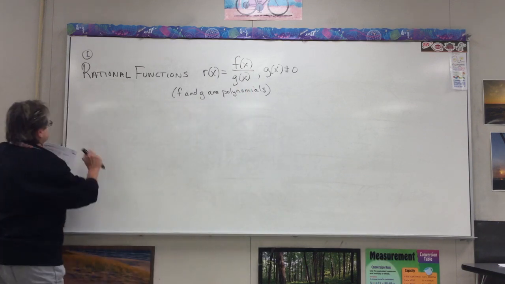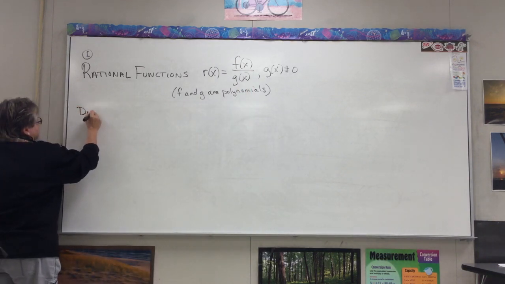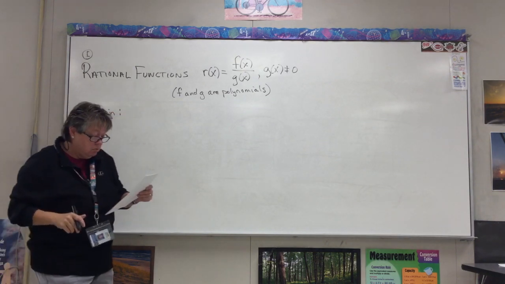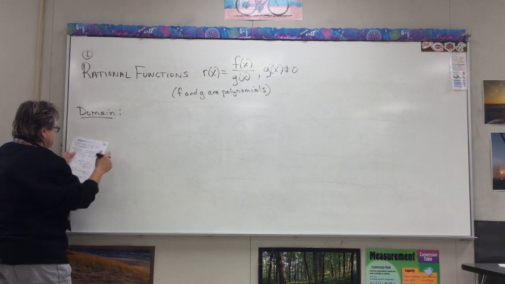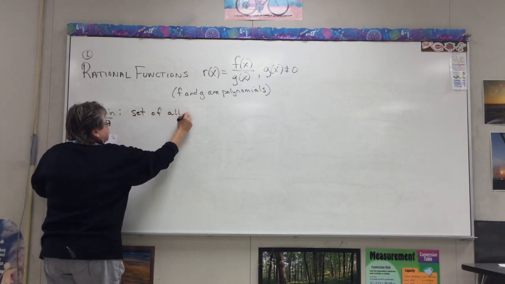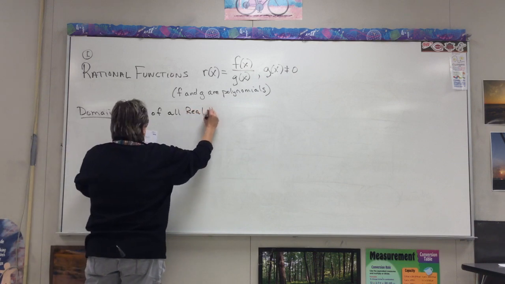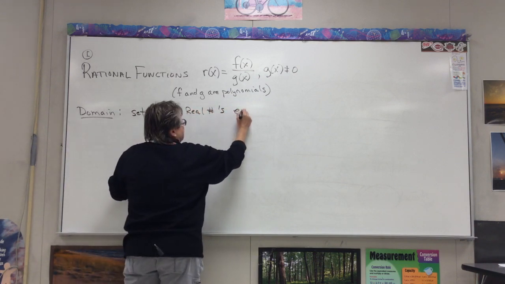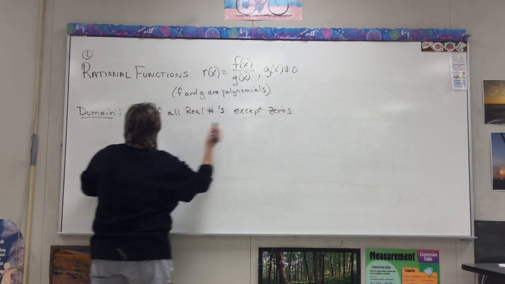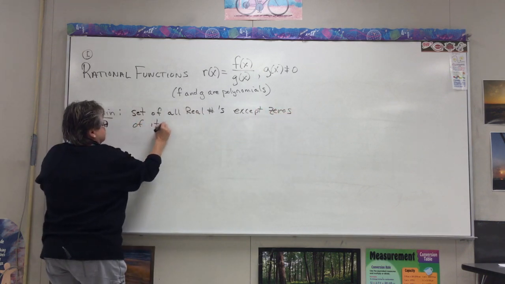Okay? So something we want to know about a rational function is its domain, which we've talked about several times before. So the domain of a rational function is going to be the set of all real numbers except zeros of its bottom, of its denominator.